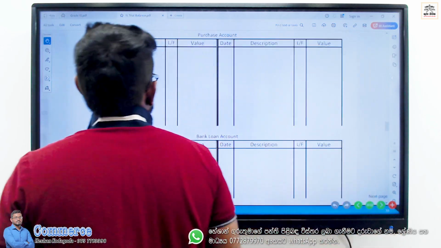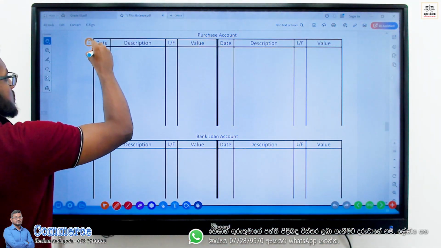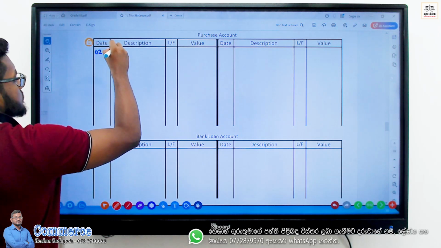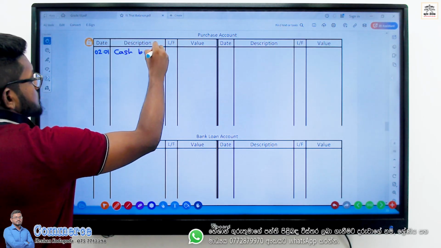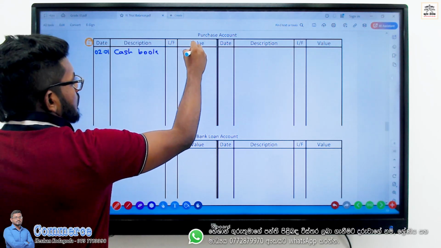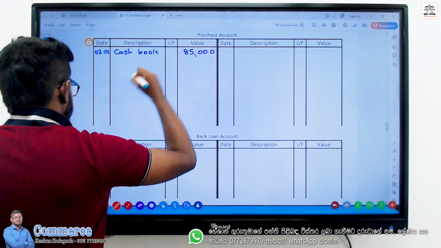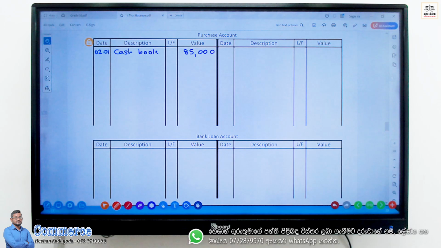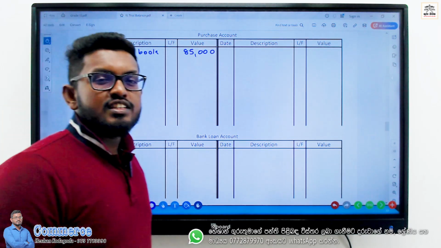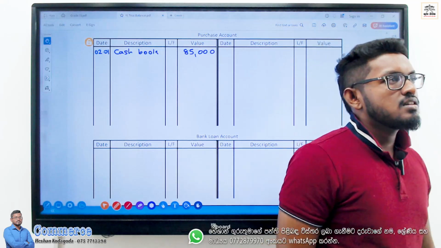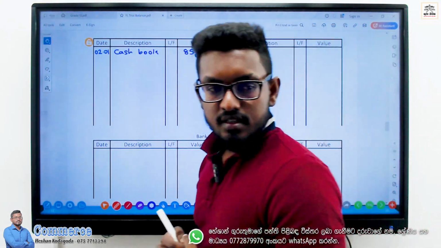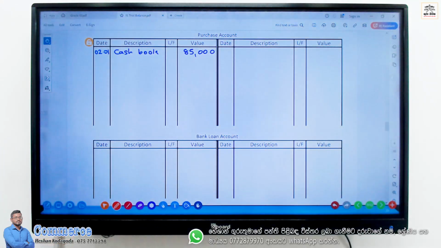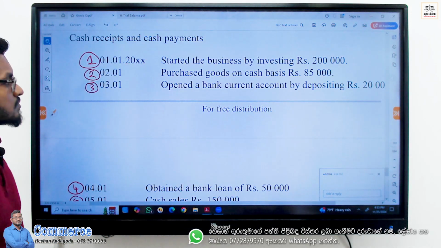You can see the purchase account in here. 2nd of January, cash book, 85,000. Okay. Are you okay with this one, guys? Right? Cash book credit, purchase account debit.